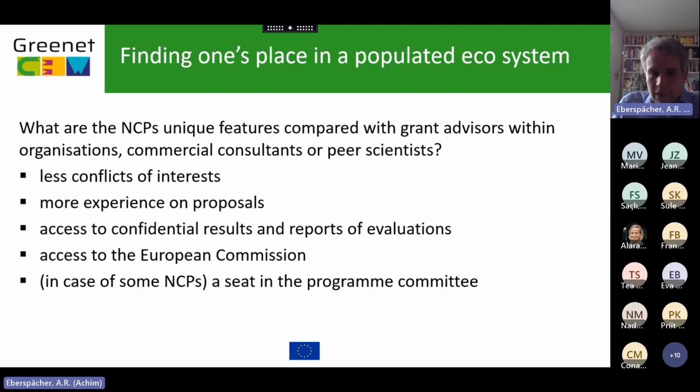Normally someone from the field couldn't do so quickly. And in scenarios 1 or 2, if we are part of the delegation with a seat in the program committee, we also have direct and very quick information from the discussions, the meetings, and from the European Commission.